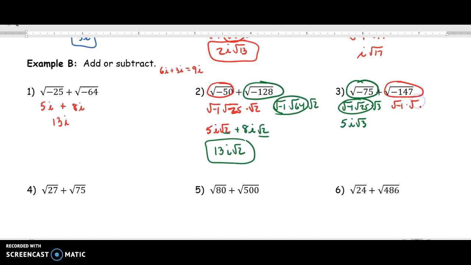So we would do root -1 times root 49 times root 3. This becomes plus 7i root 3. And now I can combine these like terms. 5 plus 7 gives me 12i root 3, and I am done.